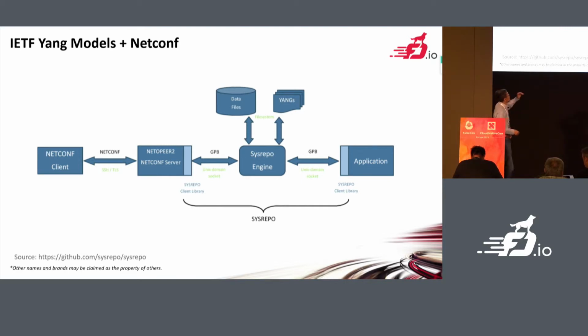Then the Netconf server will configure its configuration to the sysrepo engine. And then the sysrepo engine will put this information in the data files and the Yang models data store. Also, for the local application, you also can configure your information through the Google protocol buffer protocol to the sysrepo engine.